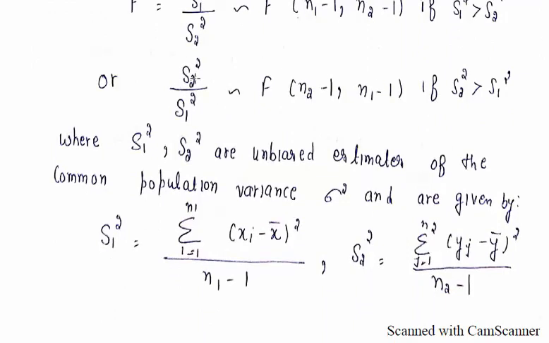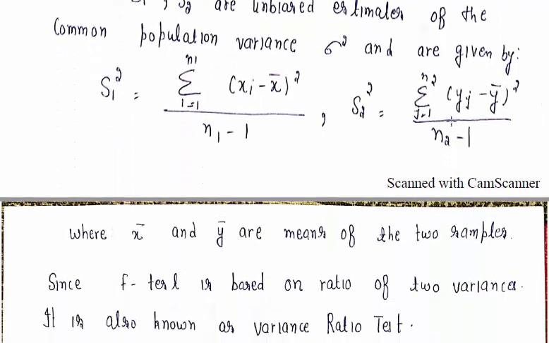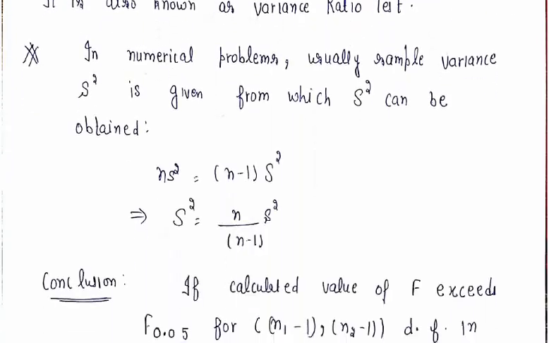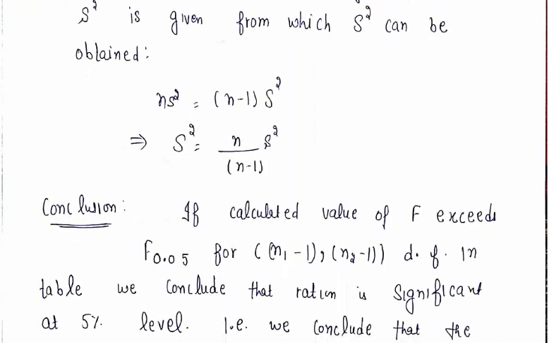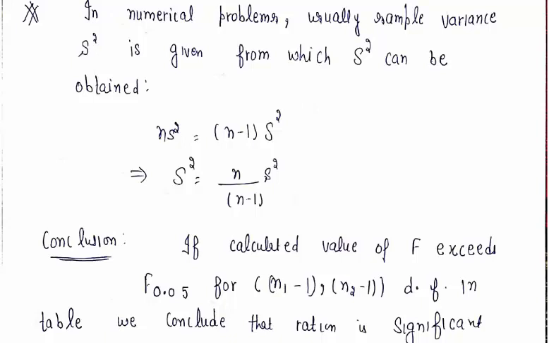Otherwise we use S2 square over S1 square, where the values of S1 square and S2 square are given by this formula. Next we discuss if the sample variance is given. From this sample variance we find the value of capital S. Capital S square is given by n into small s square over n minus 1.